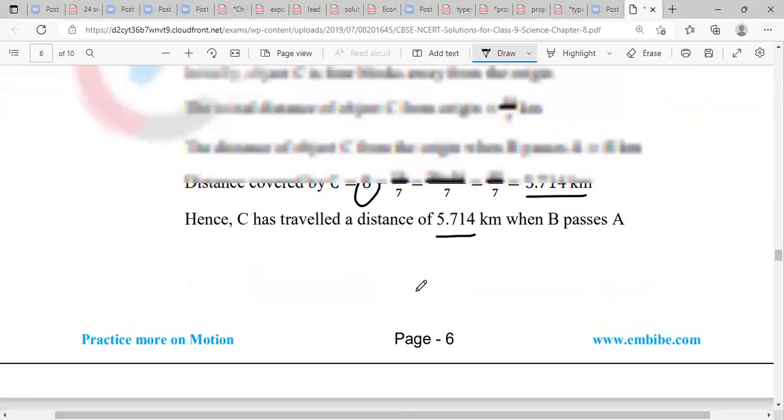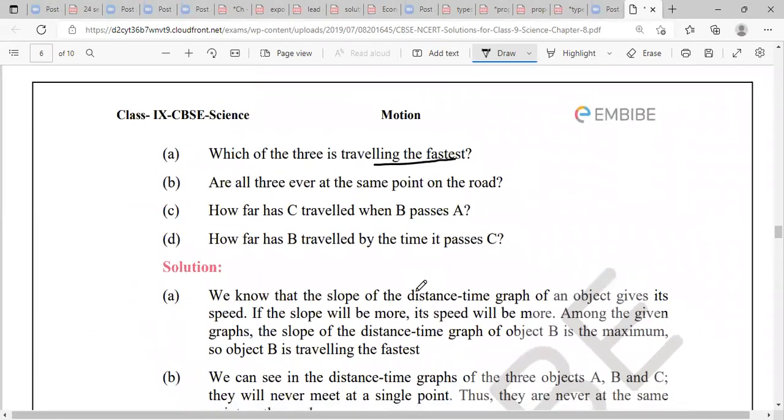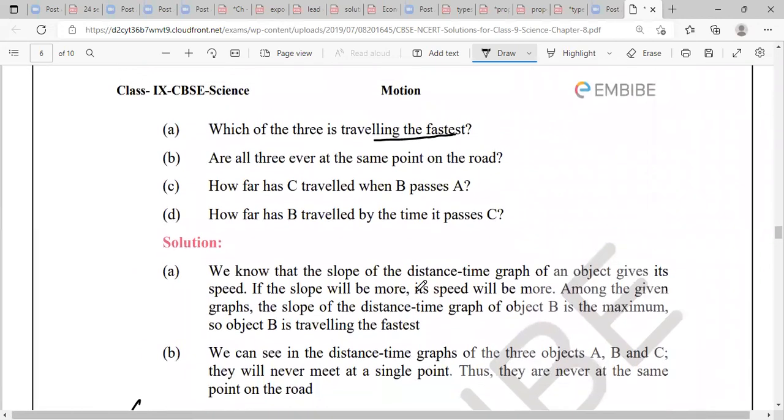Clear? You will not write the second and third, you will just write the first and second point, because you can get in your question which of the following is traveling faster, and whether they will meet at any point.